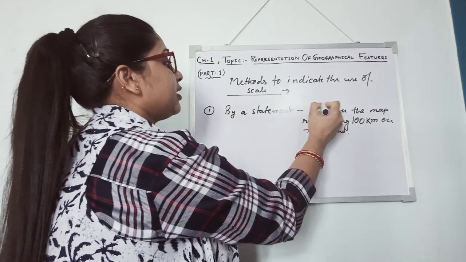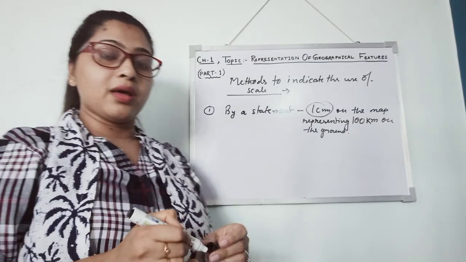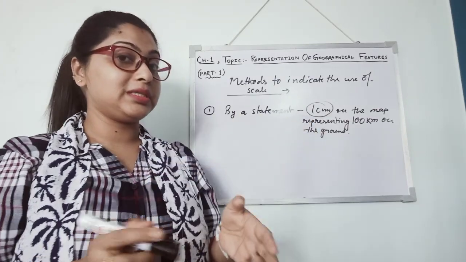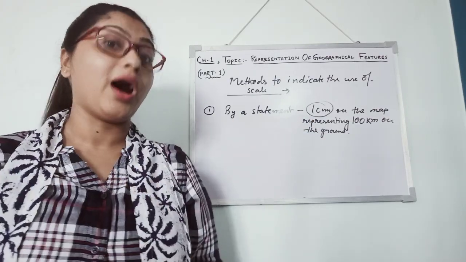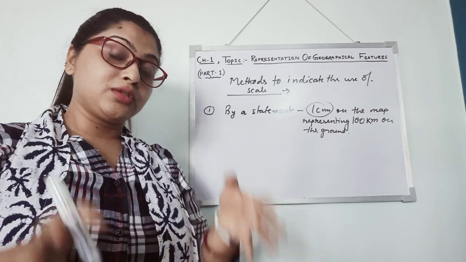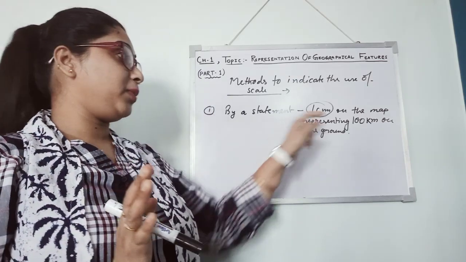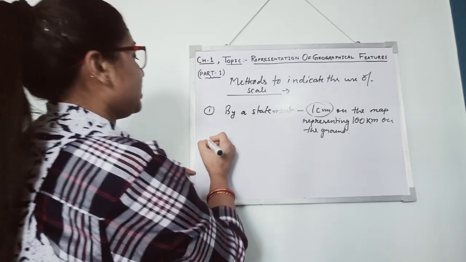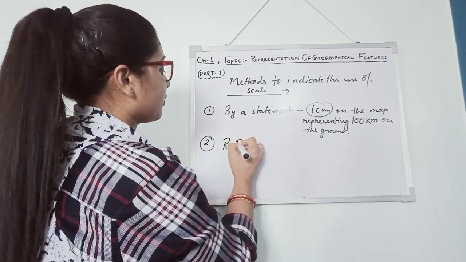Means 1 centimeter is the scale which is representing 100 kilometer area of earth. Is it clear? So any 100 kilometer area of the earth's surface we are representing through 1 centimeter. That is the statement.